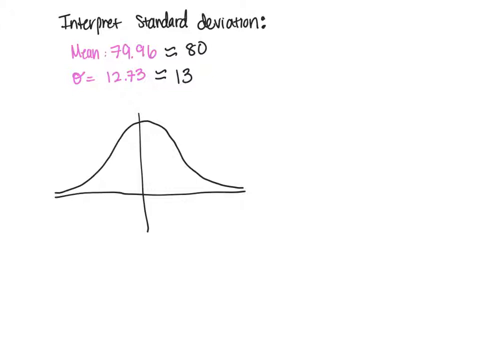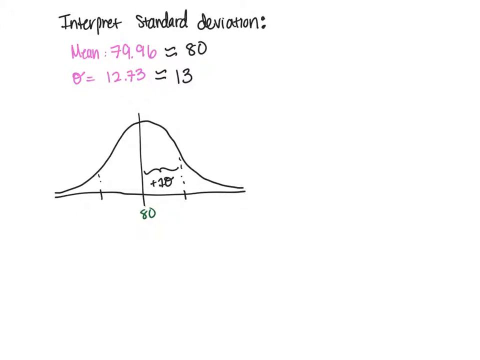So this middle part here is going to represent 80. And then to the side here, I'm going to go out to 1 standard deviation. So for 1 standard deviation, how much do you add to the mean?